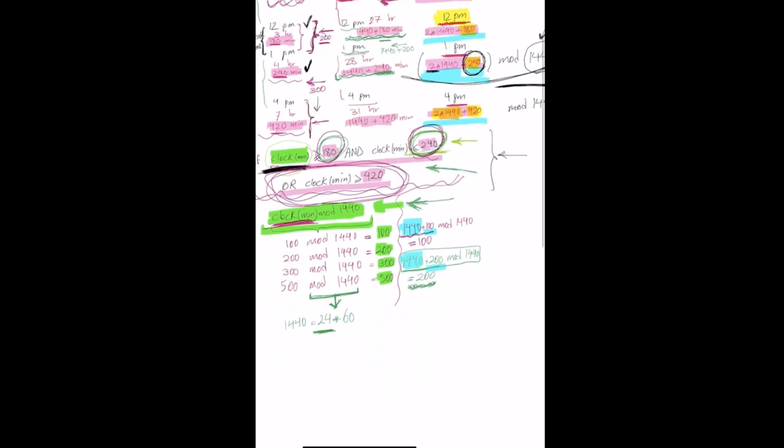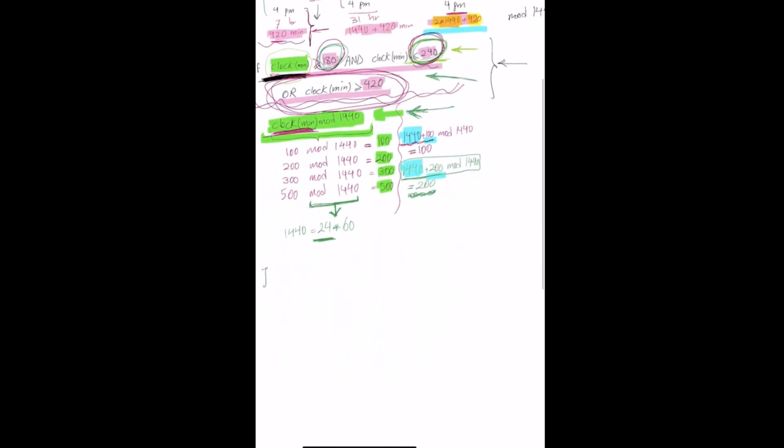So to be able to do that, I have to change my condition, and instead of just looking at clock, the simulation time, I have to look at clock mod 1440.